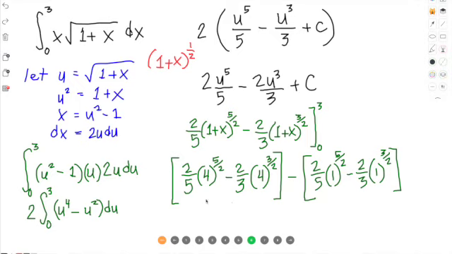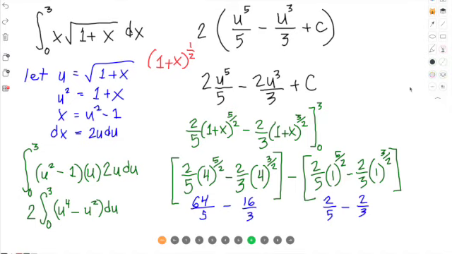So this would be 64 over 5 minus 16 over 3, and minus, again, 2/5, since 1 raised to any power is 1, minus, this is also minus 2/3.